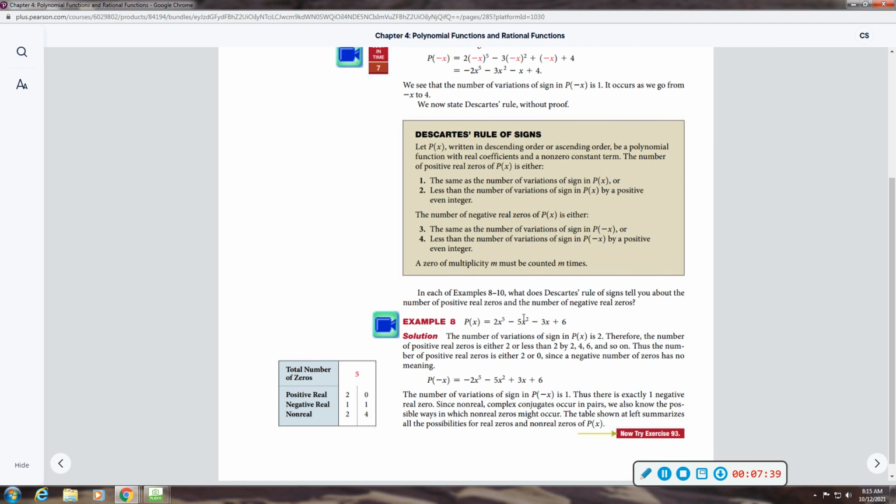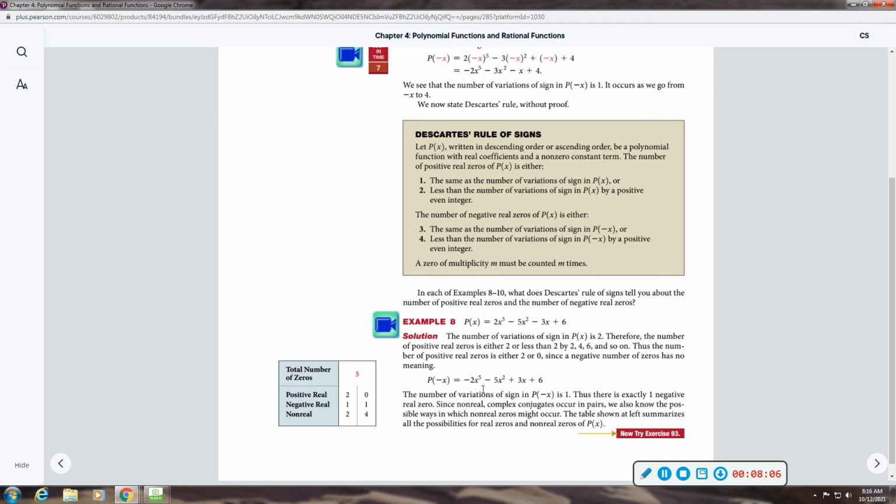Okay, all the even powers, when you plug in the negative, it gets canceled out because it's an even number of negatives. So this one stayed the same sign because it was even. The 3x, odd, is the degree 1. It also changed signs, and then the number 6 is not affected by x. So for sign changes here, it's negative, still negative, changes to positive. So there's only one sign change, and that's what they explain here.